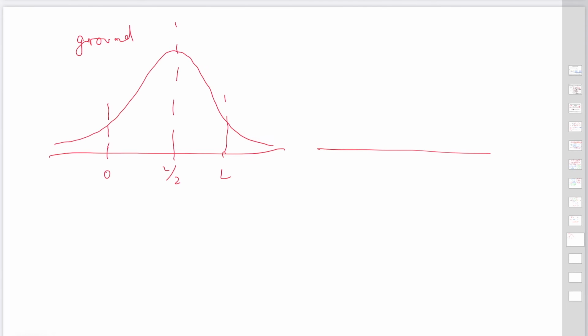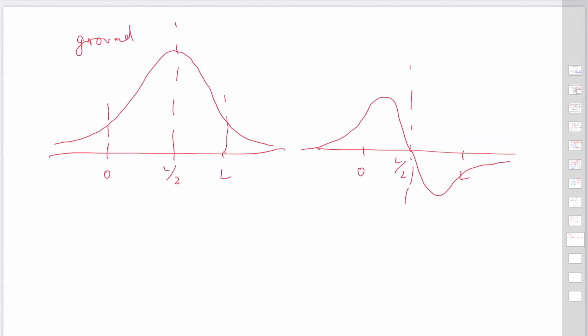The next state, between 0 and L, is just antisymmetric. This is the wave function for the first excited state.